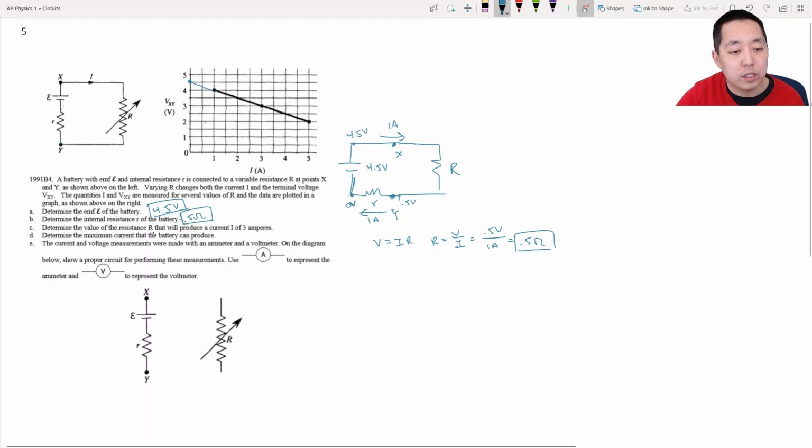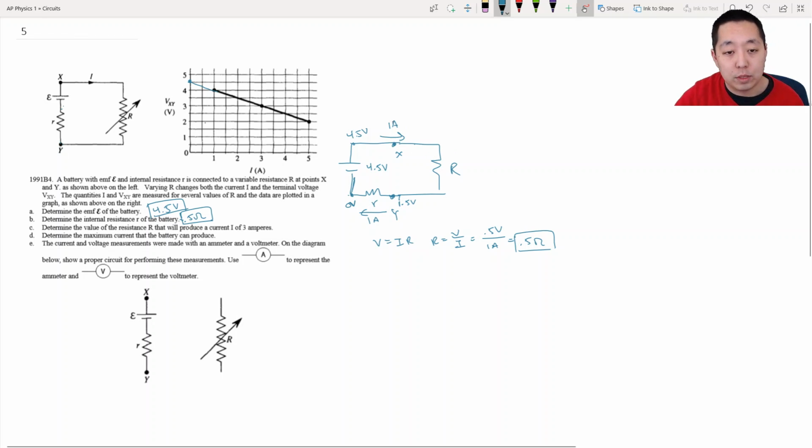Determine the value of the resistance R that will produce a current of 3 amps. At 3 amps, I want it to be 3 volts here. So if this is 4.5, I drop 3. Now I'm at 1.5 because this is a 3 volt difference.